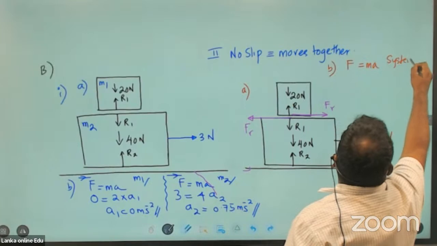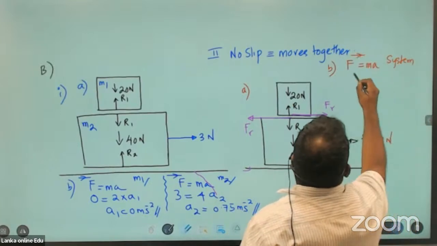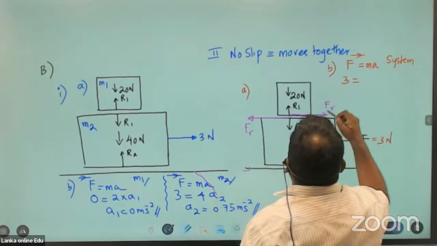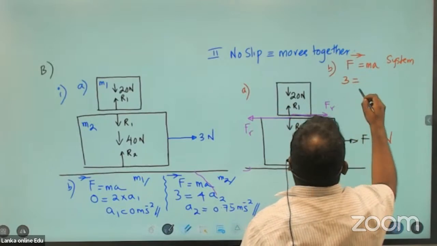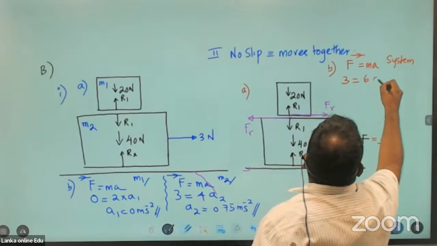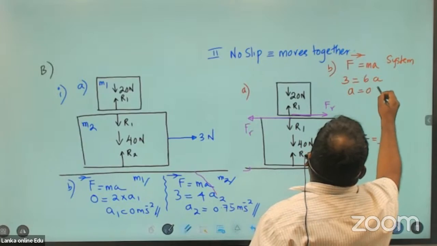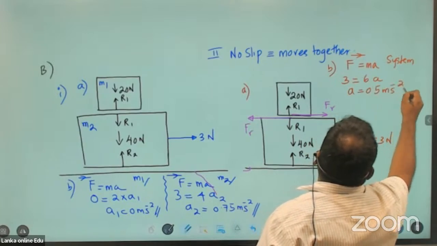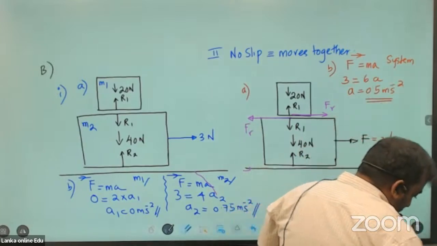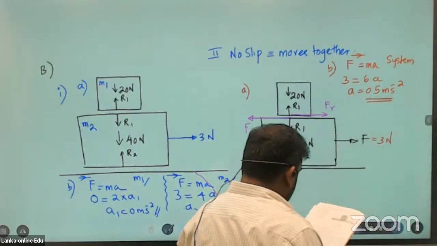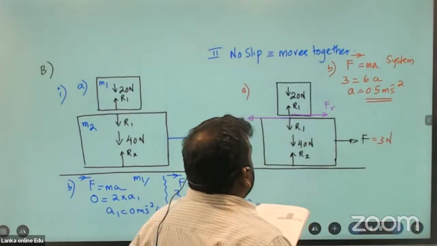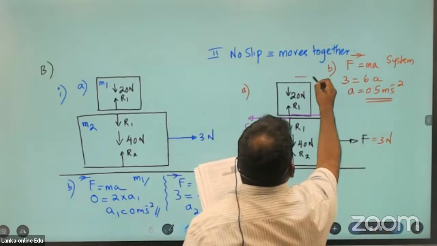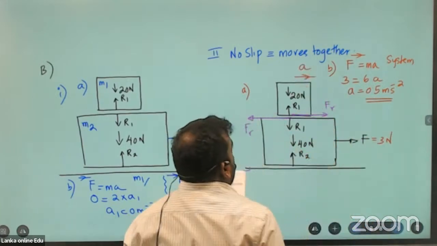Part B, part A done. Forward, applied force is 3, total mass. System means FR cancels off. Here 6 times A. Acceleration is 0.5 m s minus 2. So both the masses will have the same acceleration.